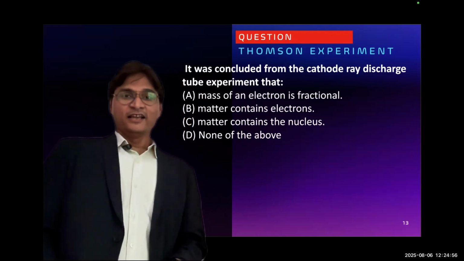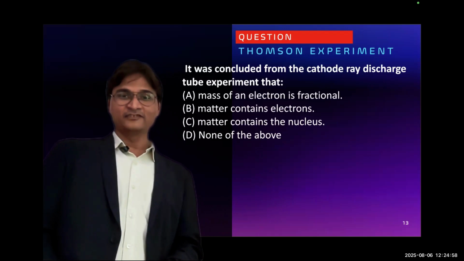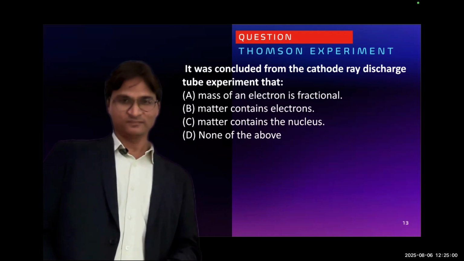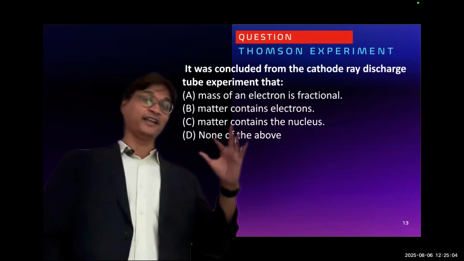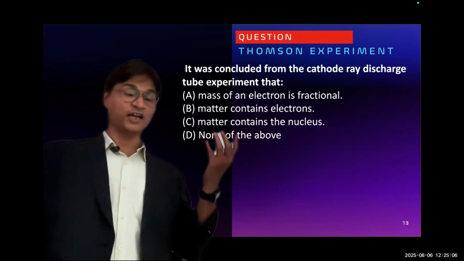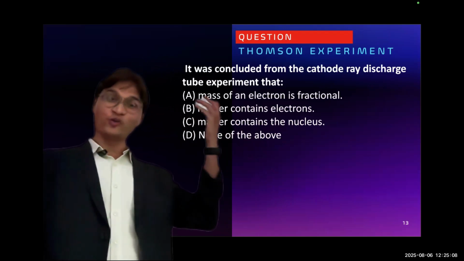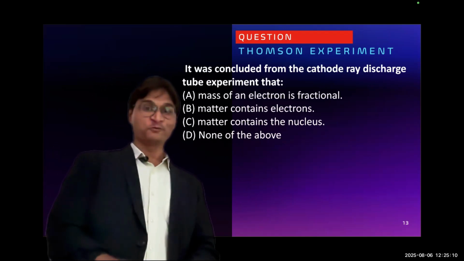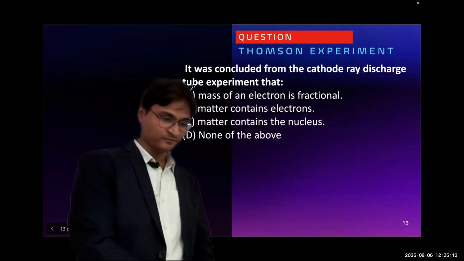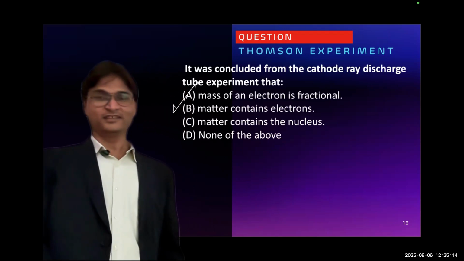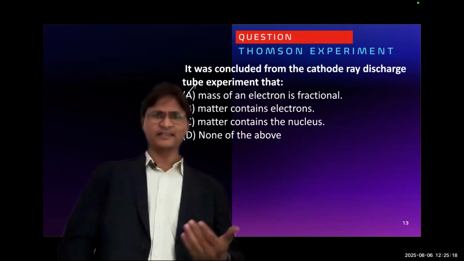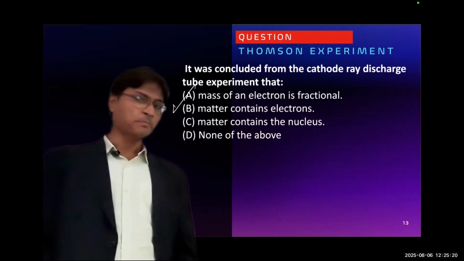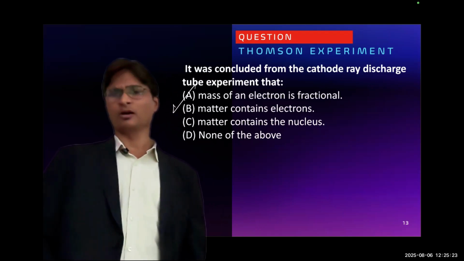Okay. Option B, matter contains electron. Yes, if matter doesn't contain electron, from where is it coming out? It's not jadoo, it's not alchemy of old days. So option B definitely is our correct answer. Matter contains nucleus. Yes, atom contains nucleus, but it was not the domain of Thomson's experiment.